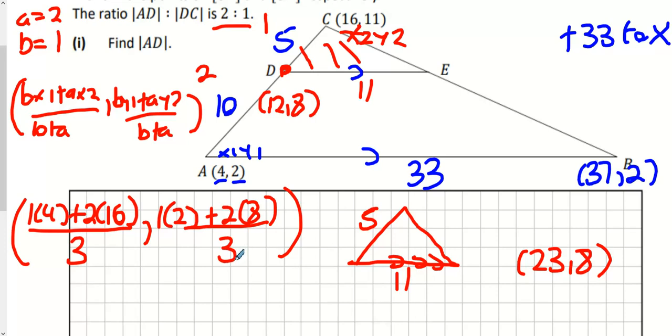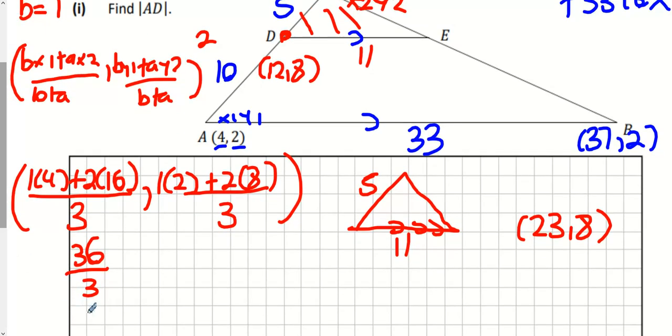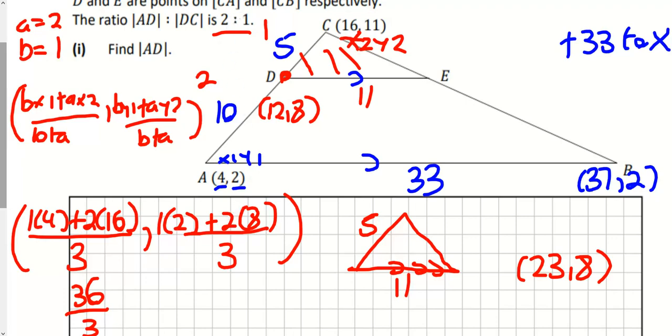And this turns out to be 36 over 3, which is 12. And this one here, oh sorry, I made a mistake there. ay2 is 2 times 11.